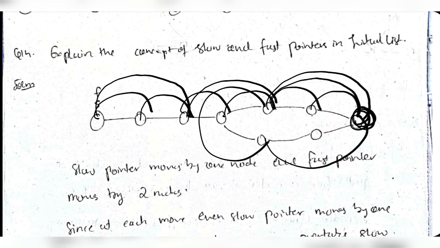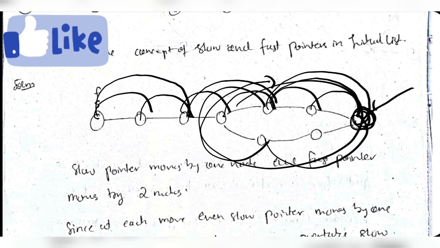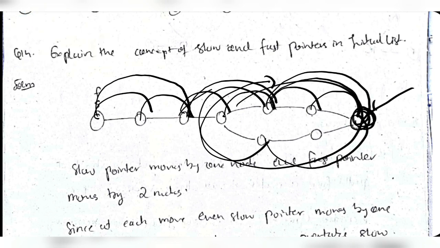See, both are at the same location. This is how we can identify a cycle, because if it's a cycle, the fast pointer will come back around to the same place. If it's not a cycle, the fast pointer will reach the end faster and it will end. But if it's a cycle, it will come back, and obviously it will meet at the same point.